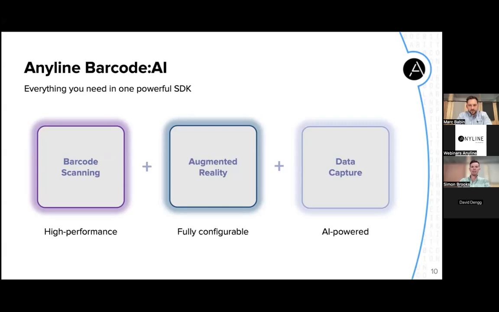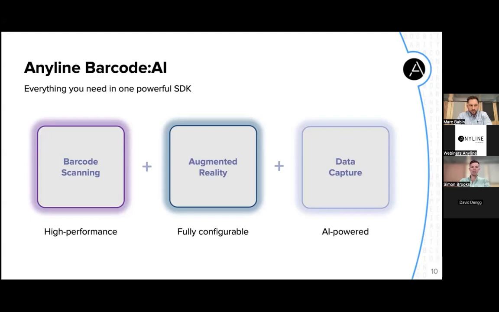And what we're adding to that, and what's really exciting in this launch for Anyline now, we're adding augmented reality features, so fully configurable dynamic AR features, which enable real-time feedback for users and being able to really understand what is being scanned, how it's being scanned, and get more information to your user about the barcode or the item that's being scanned.